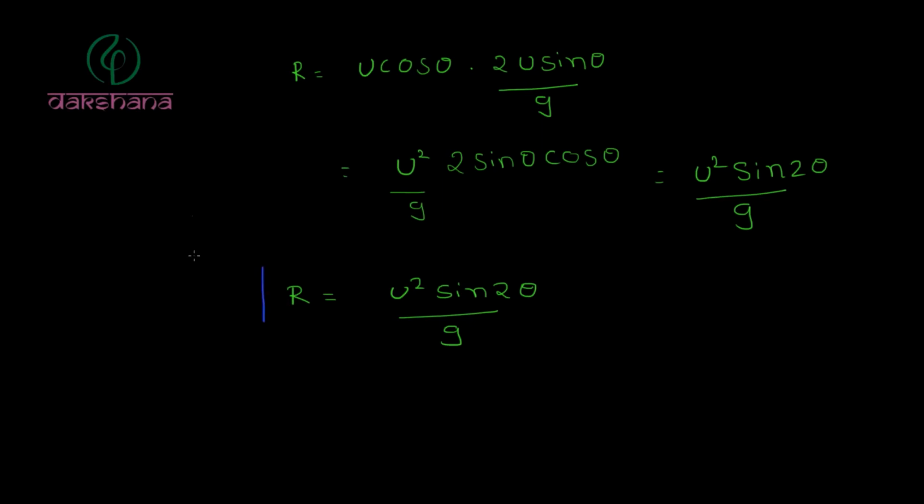Let's box this also. So the range of a projectile, that is the maximum horizontal distance covered by a projectile, is given by u square sin 2 theta by g. This is my equation 3.